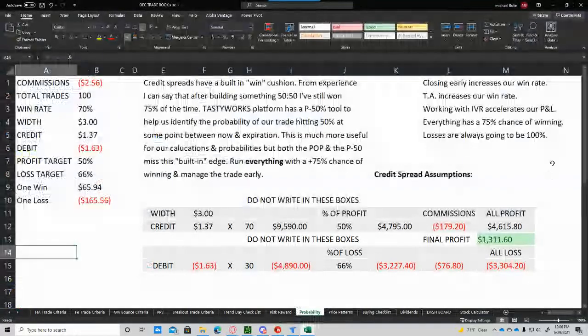So if you're talking about this document here, in aggregate, no matter what kind of credit spread I run, whether I'm doing it 1 day to expiration, 1 year to expiration, 6 months from expiration, it doesn't matter what credit spread I run. If I build a credit spread, it has a 70% chance of winning, no matter where I build it, and no matter how I build it, and no matter how long the expiration. I've proven that in my own trading records for the last couple of years.